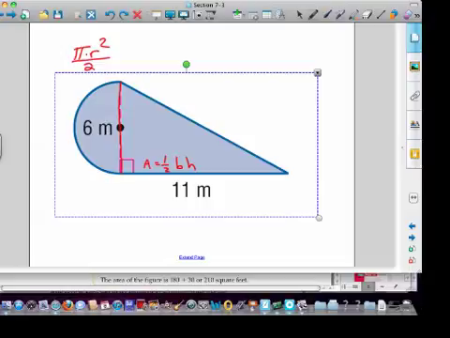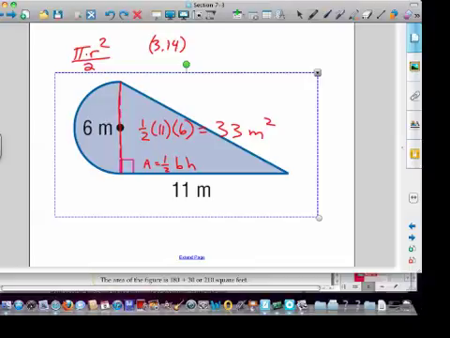All right, so let's put that in. We've got, for our triangle, our base is 11, so we've got 1/2 times 11 times the height, which in this case is 6. So that would equal 33, and we're in square meters. And if we have the semicircle, we've got pi, which we'll use 3.14, and the radius. Now, the whole thing all the way across, that would be the diameter.